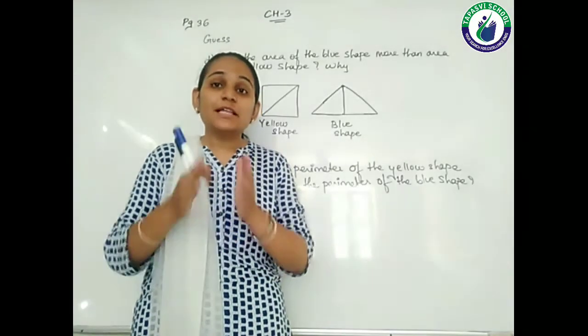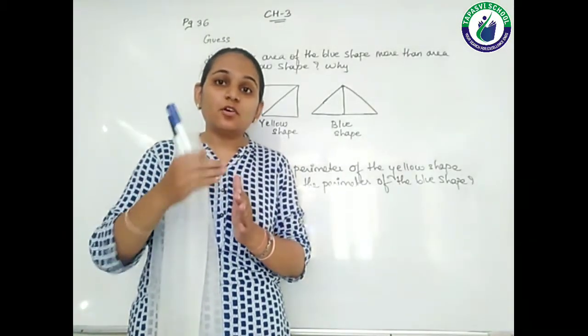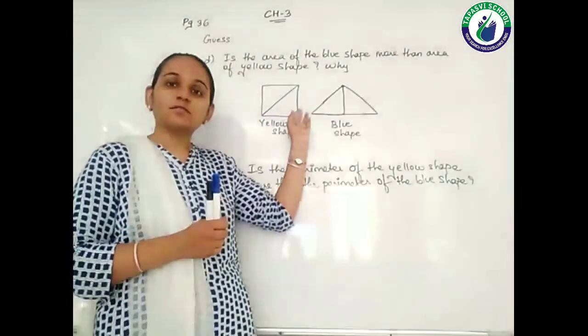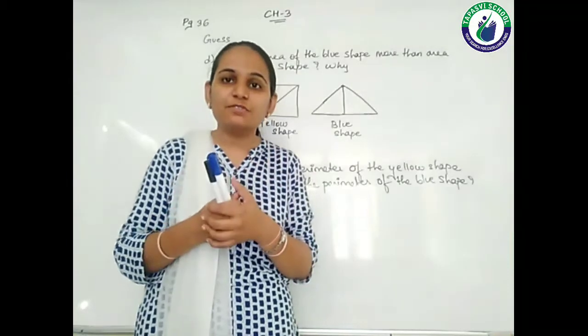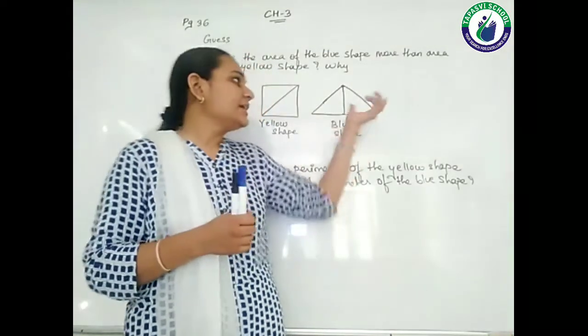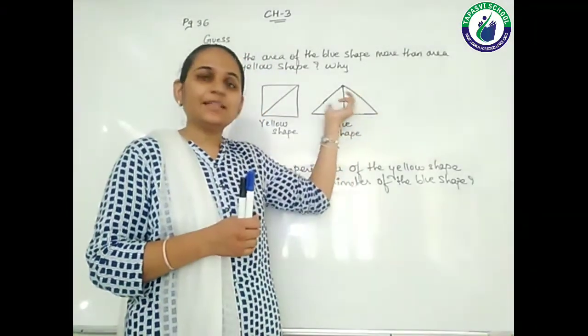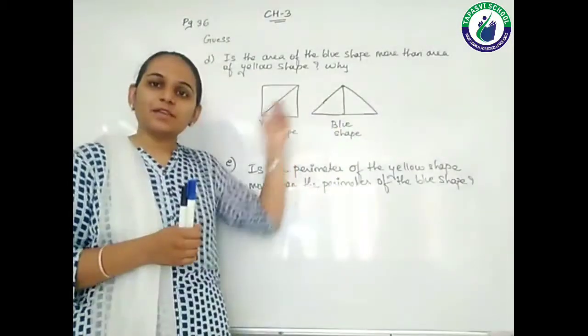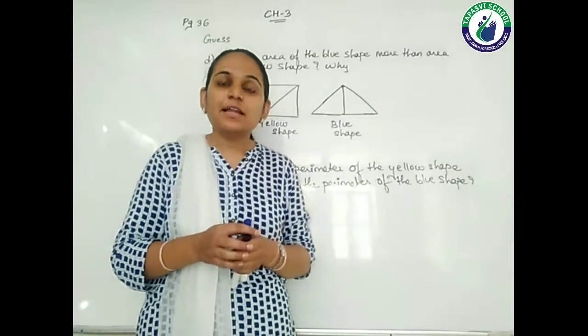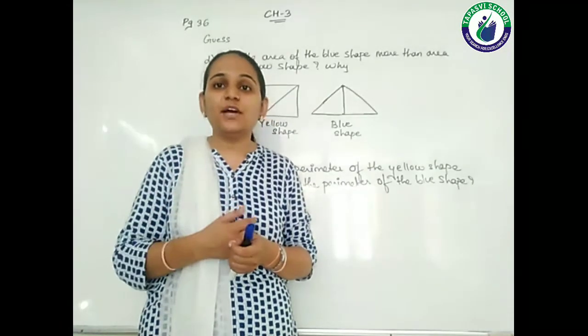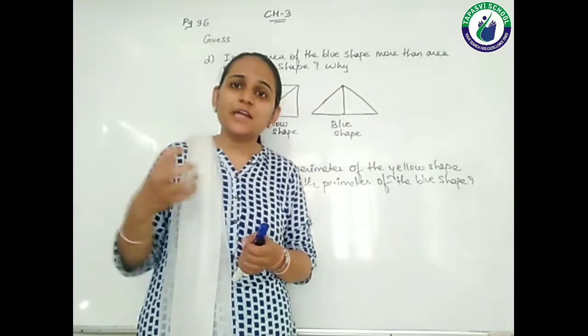No, because they have originated from this square only. That means both the pieces you got are from the sandwich only. Similarly, these two triangles are from this square only. So the area of both the shapes will be the same, which you can even verify by taking a cutout.